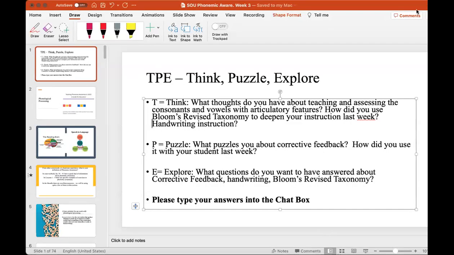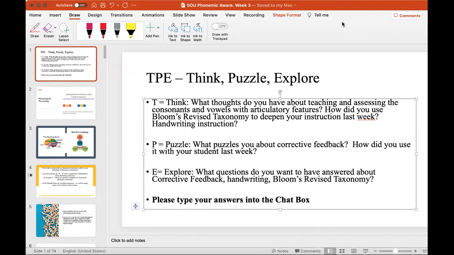And again, of course, at the very end of the time we had last week, we talked about Bloom's revised taxonomy.